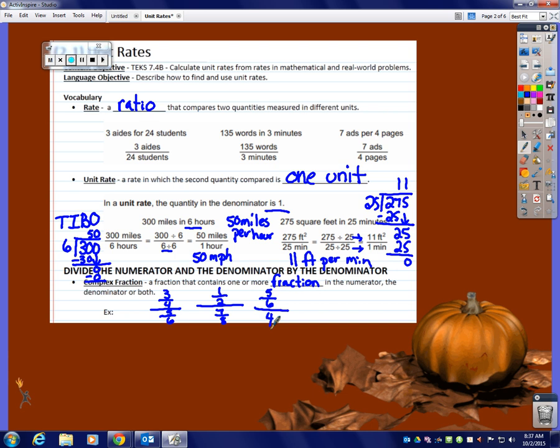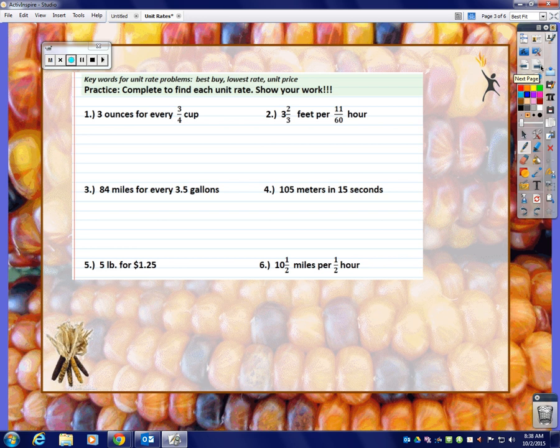Okay, now I want to work some examples with you. And I want to find the unit rate. So remember, when I do the unit rate, the denominator has to be 1. So I want to do 3 ounces for 3/4 cups.